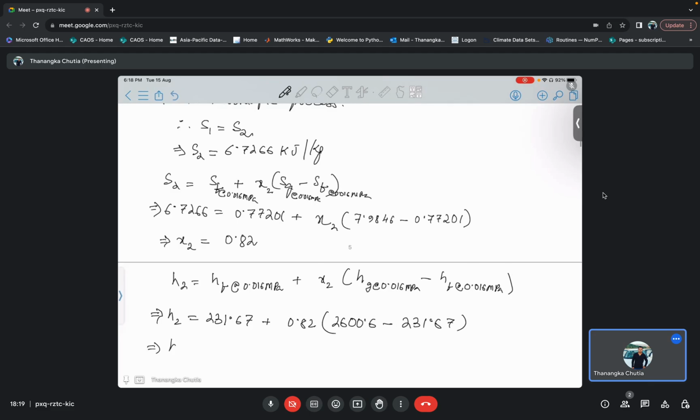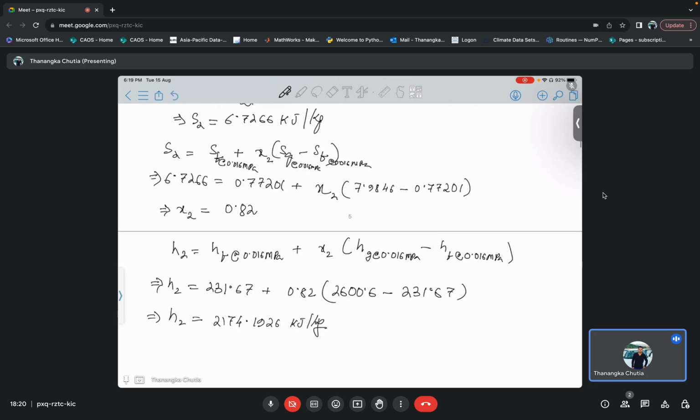So if you do this, your H2 will be 2174.1926 kilojoule per kg. So I have got H2.